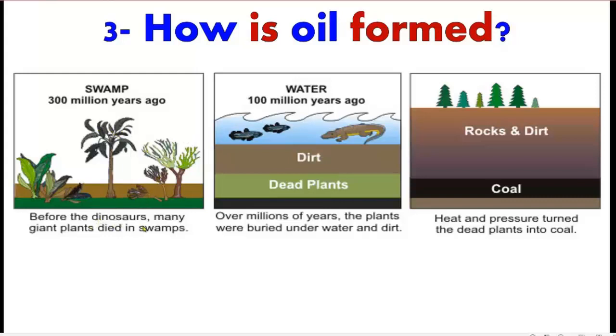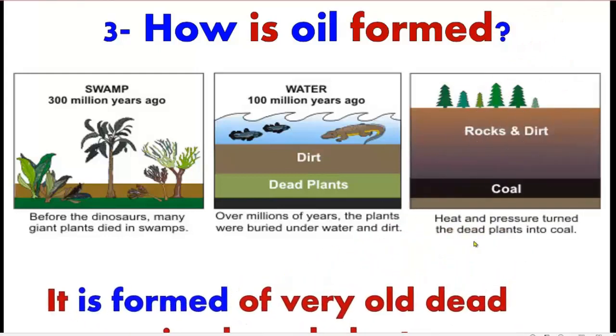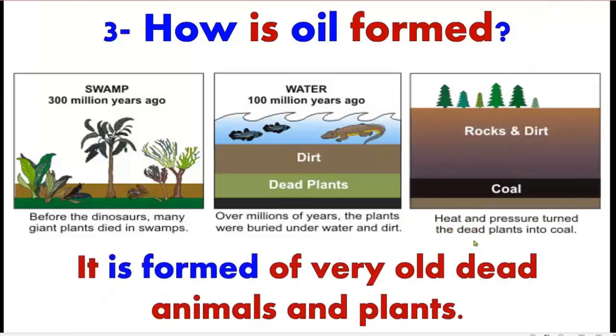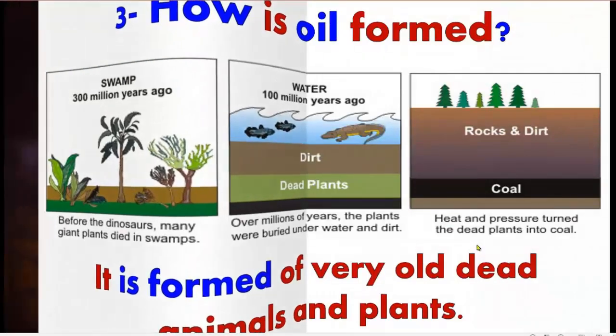Before the dinosaurs, many giant plants died in swamps. Over millions of years, the plants were buried under water and dirt. Heat and pressure turned the dead plants into coal. It's formed of very old dead animals and plants.